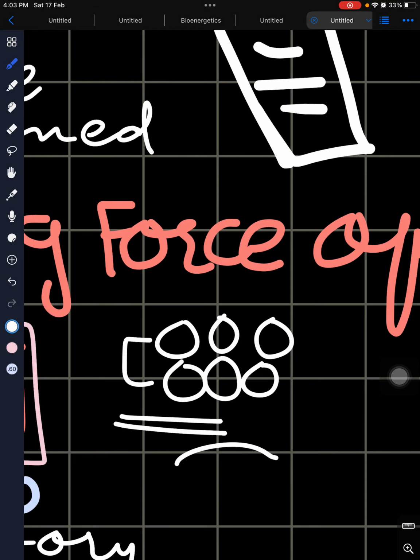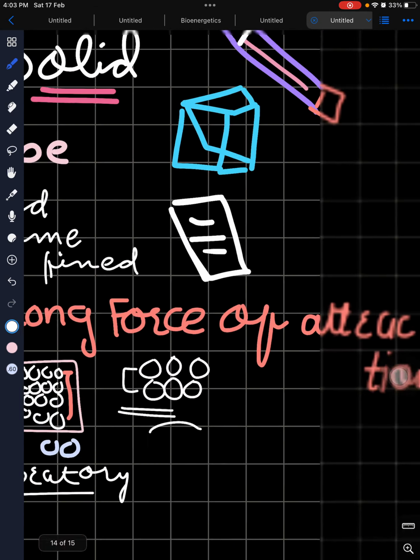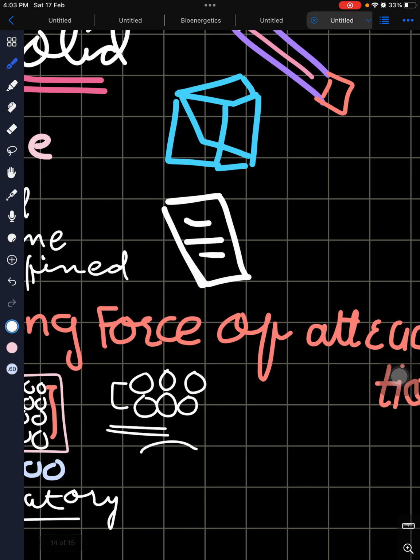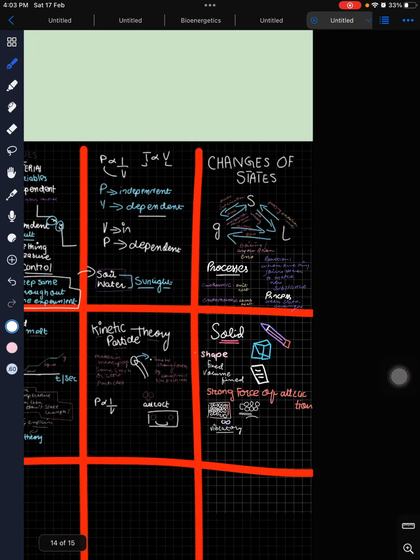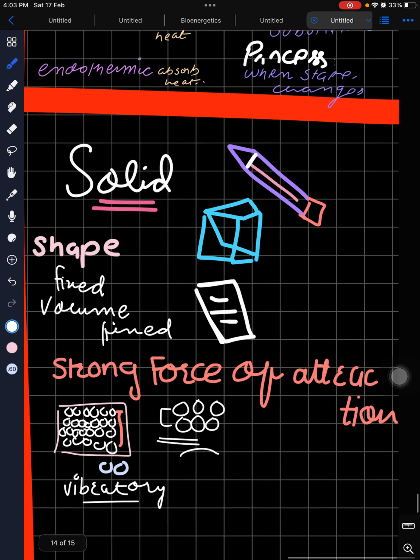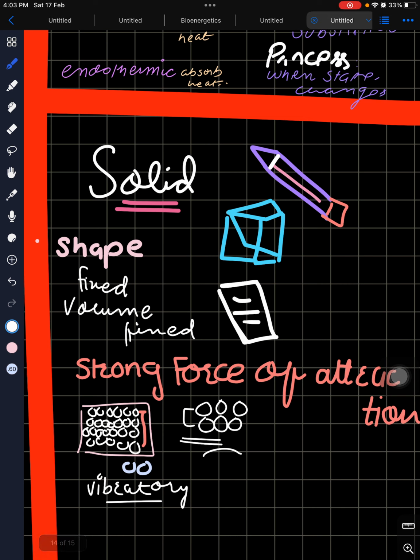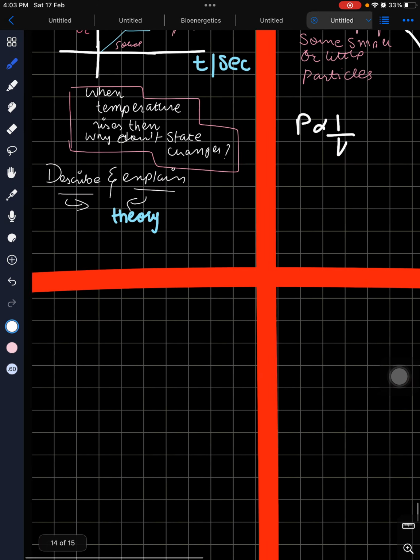No, they are not compressible at all, because we cannot squeeze the particles. So this was all about solids that I could tell you. There are more things, but I think this is okay for this chapter. Then we will move towards liquids.